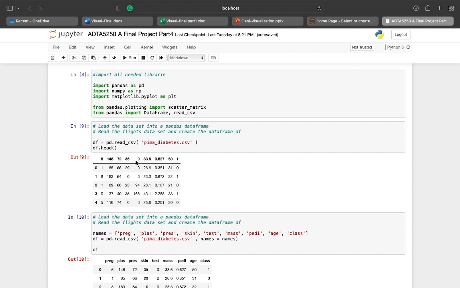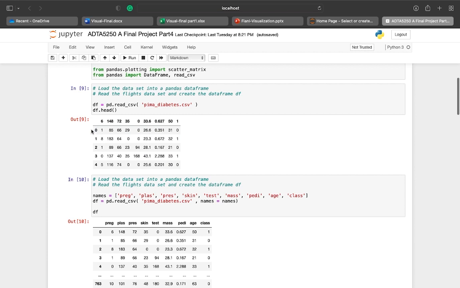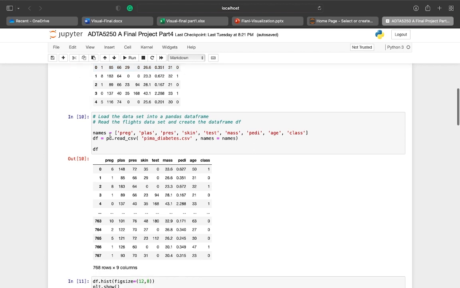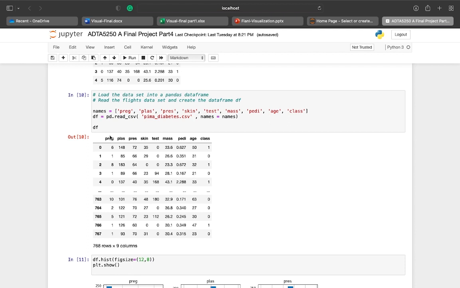It's going to read into a table like this, but it doesn't have the header, the names, right? So we have to put the names over here. They have 9 names: preg, plas, pres, skin, test, mass, pedi, age, and class. Each one has a meaning.